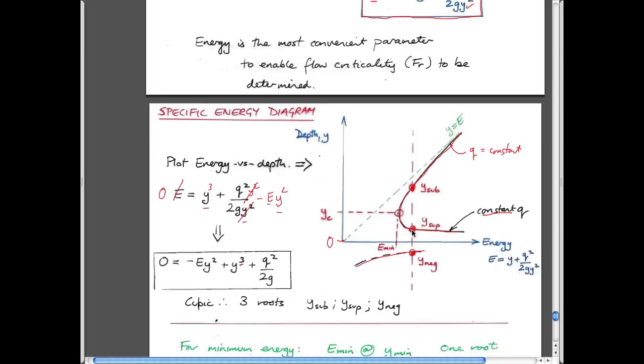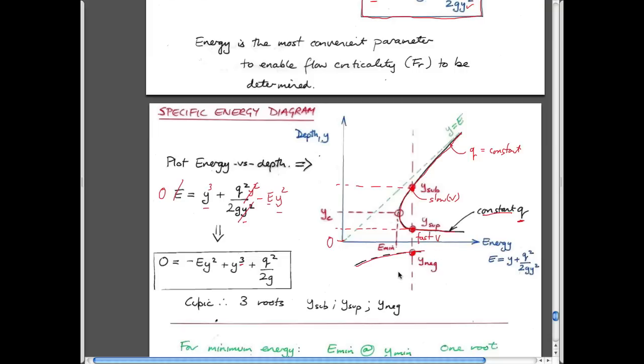Either flowing at this shallow depth here, shallow because it's a very small value of y, and if it's shallow, to have the same volume flow rate, this has to be going very quickly. So this would be the fast one. Or it could be relatively deep, and it could be going slowly. I guess it'd be slow velocity, right? Not slow Q. Fast velocity.